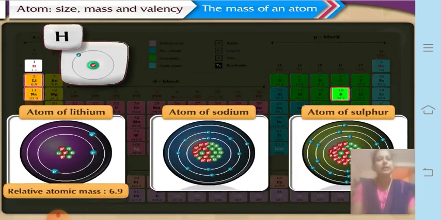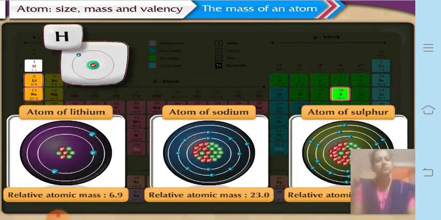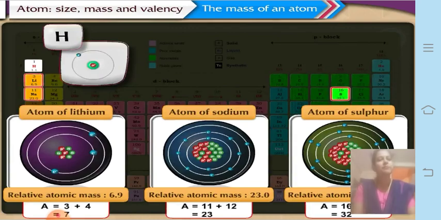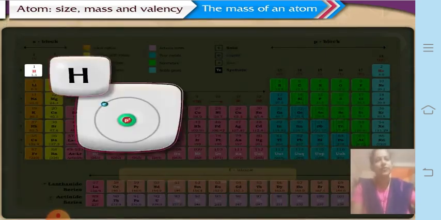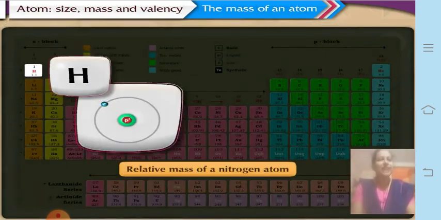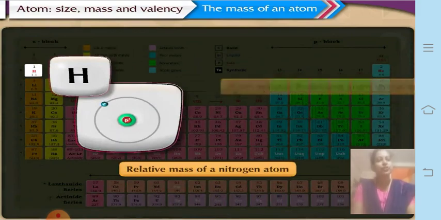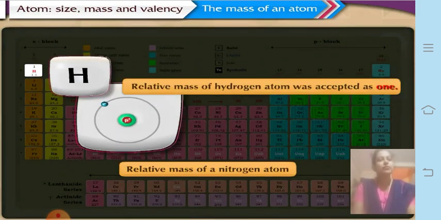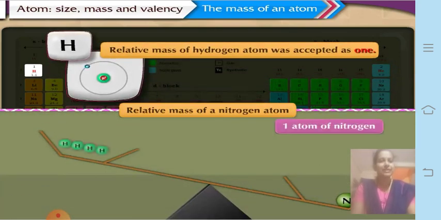All the relative masses of the different atoms were compared with hydrogen and found out. Now for example, if we take the relative mass of nitrogen atom, the relative mass of hydrogen atom was accepted as 1, and it was compared with the nitrogen atom on a scale.